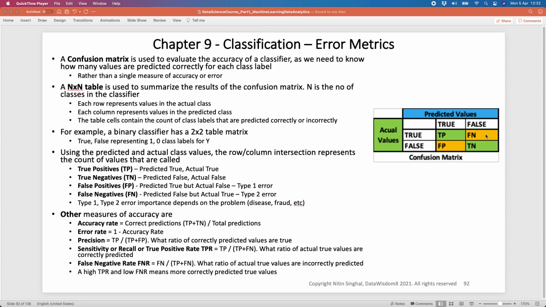Now in this case, there is a huge risk to the company because there's a possibility that the client who's borrowing will not return the money, and that will be a loss to the company. So the error of the model, which is the type 2 error, is critical in that case. Take the other scenario. Now the client is not a fraud, so the actual value is false, right? But the model predicted it as true, so it's a false positive or a type 1 error. So what's happened here is that you actually have not lent to a good client.